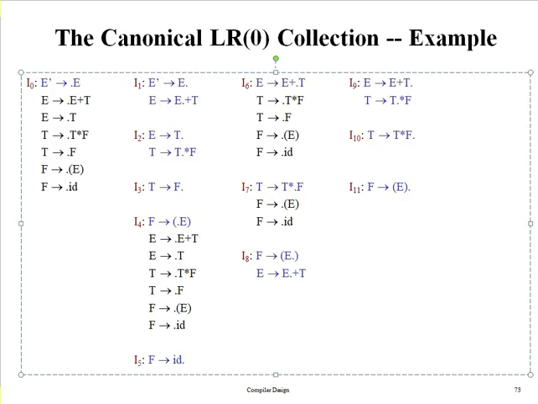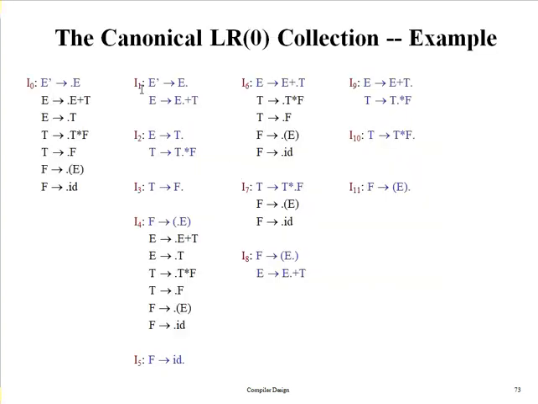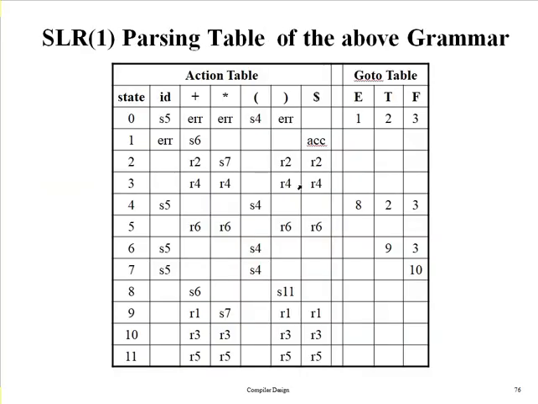What you have to keep in mind is that when you are filling the entries of the goto table, you should take only the state numbers, not the other symbols, just the state number. So for I1 we took only 1.